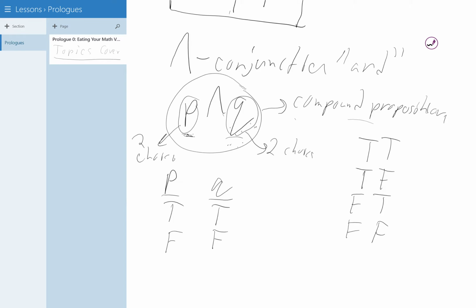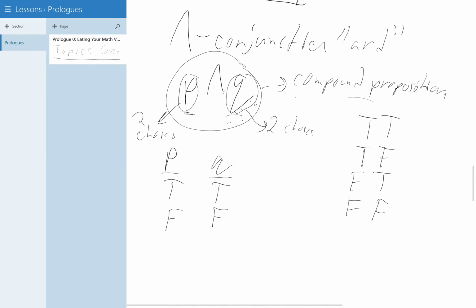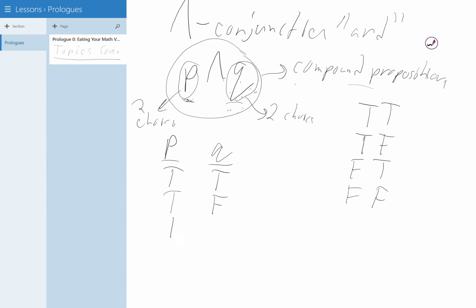So that means if we're doing a truth table to define it, like we did for the negation operator, we're going to need 4 rows instead of 2. So we get true, true, true, false, false, true, and then false, false, right? Okay. So let's do this.